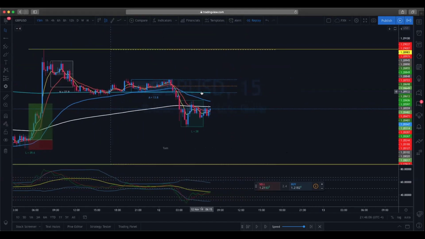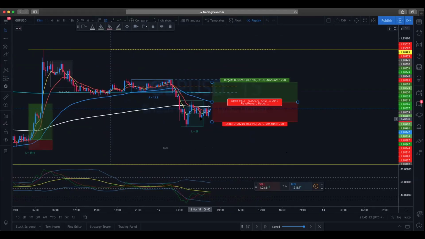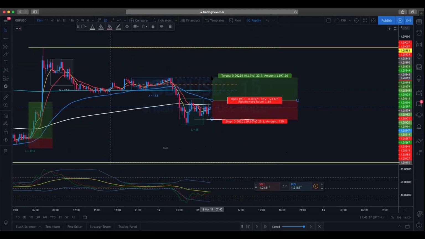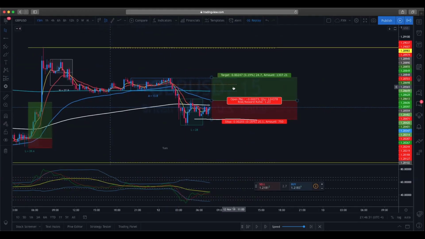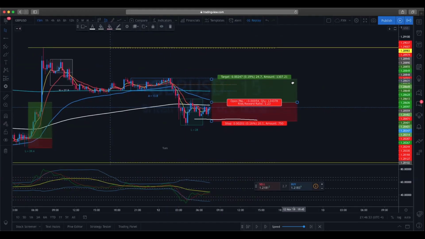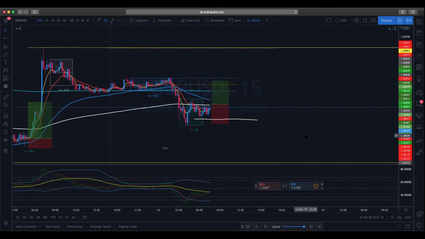You can use all these points here as take profit points. You can use this area here as your stop loss. And just to get, you know, 20 pips or whatever, you're just going to the top of the range. So you're not asking for anything crazy. We're just talking something very simple.